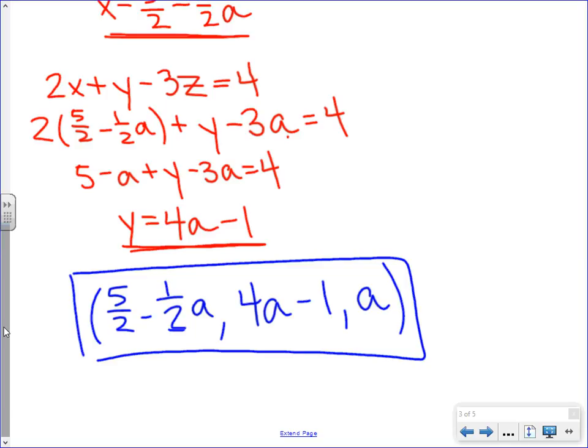So then why do you even have to use an a? Why can't you just write it all in terms of z? You're right.